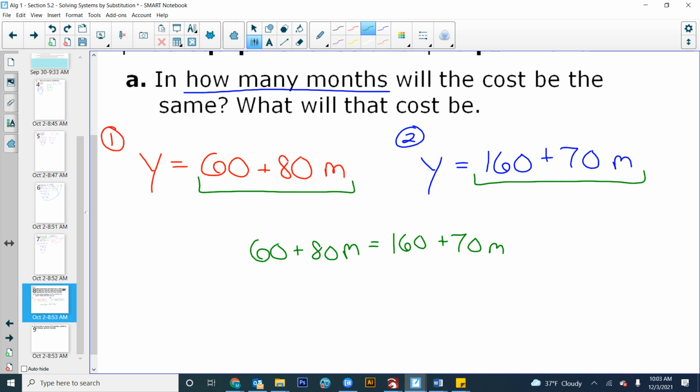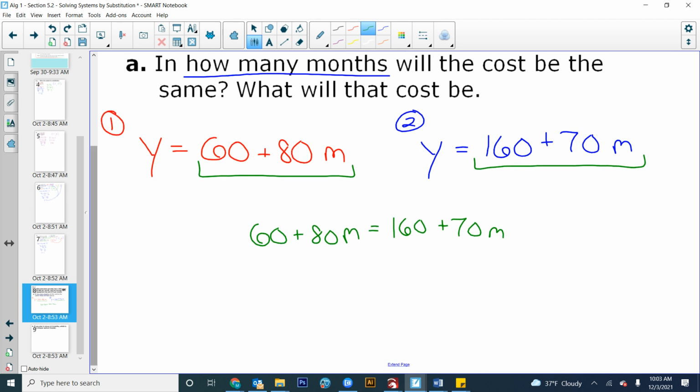Now, I'm going to subtract 70m. All right, 60 plus 10m equals 160.